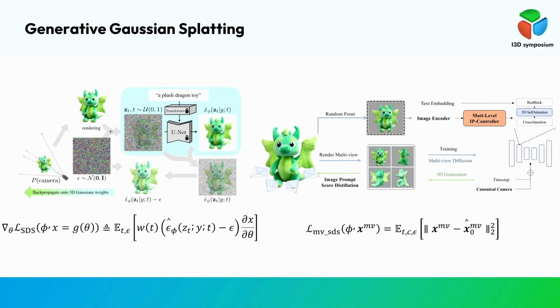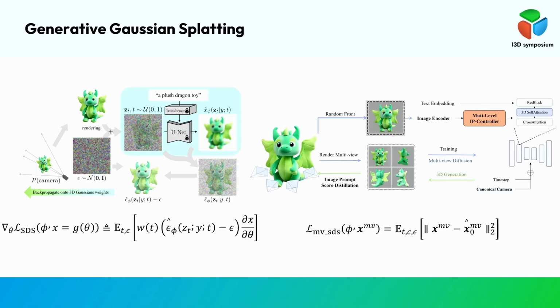Specifically, in each iteration, 4 orthogonal views are rendered from a 3D Gaussian. These views are then encoded into latent representations and passed through the multi-view diffusion model to calculate the diffusion loss in image space. The computed loss is backpropagated to optimize the parameters of the 3D Gaussian model.